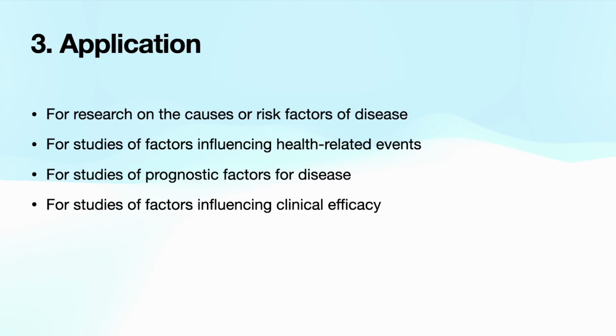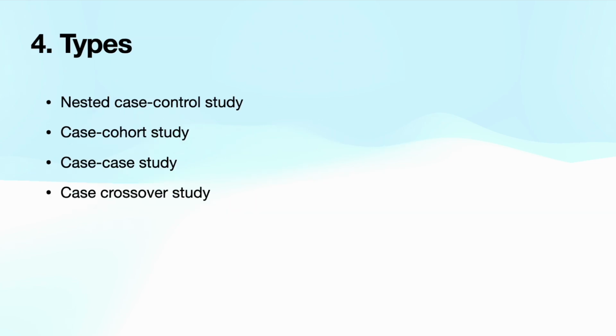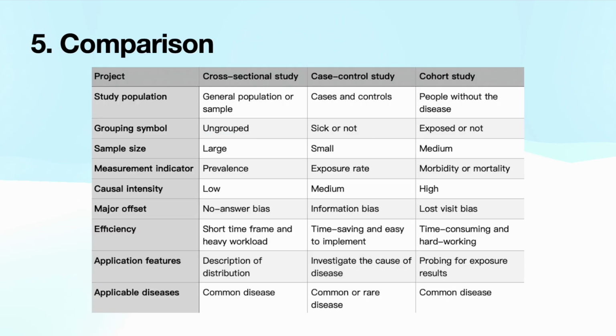Well, it's usually used for research on the causes or risk factors of disease, for studies of factors influencing health-related events, for studies of prognostic factors for disease and factors influencing clinical efficacy. It has 4 types: nested case control study, case cohort study, case study, and case crossover study.